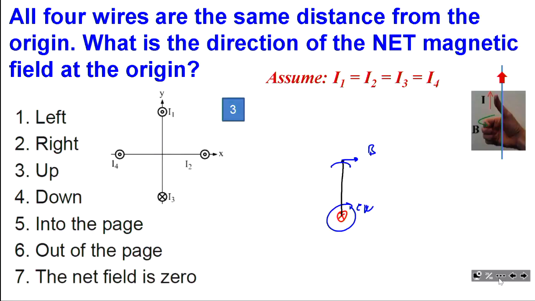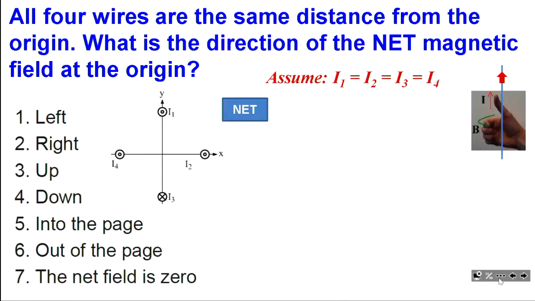That's B3. And the last one. Four arrows.